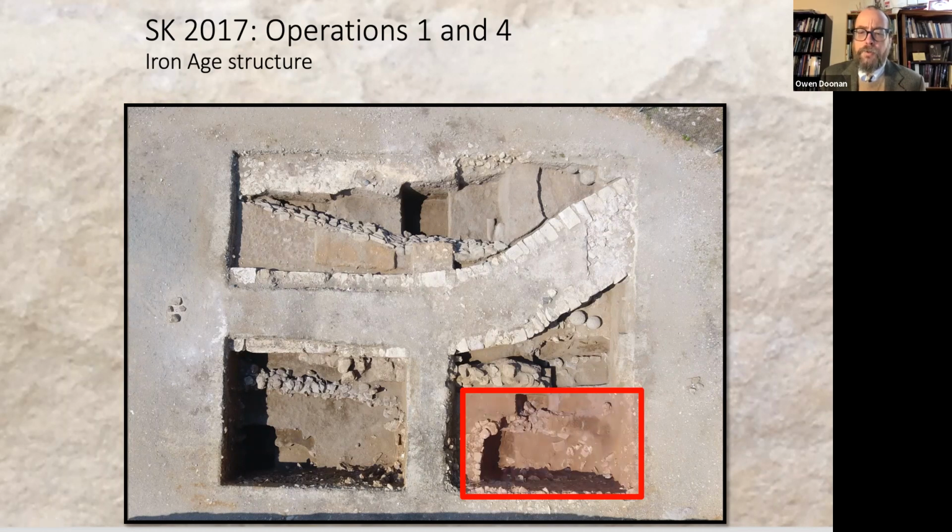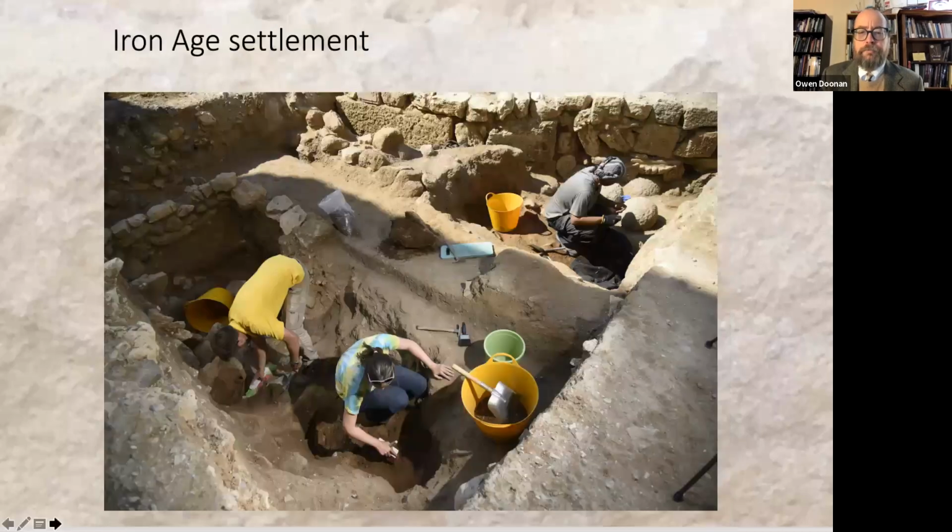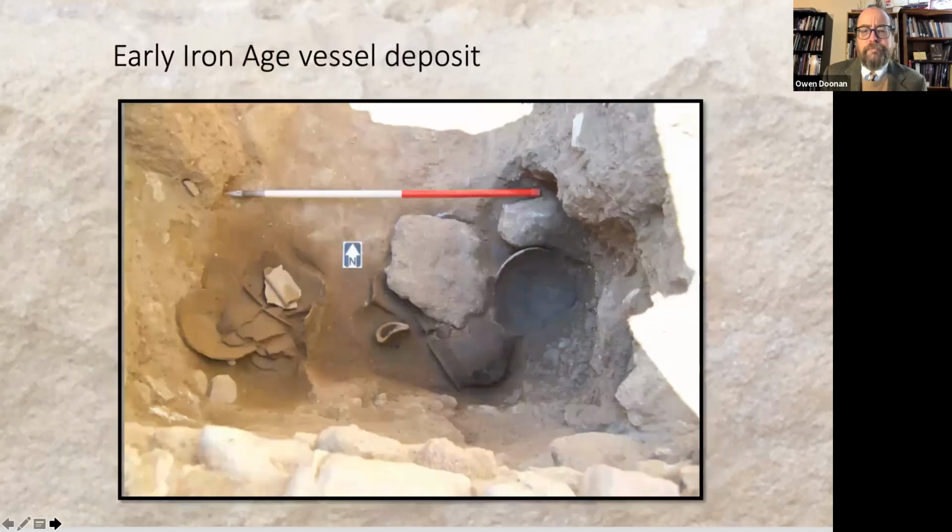But one small structure here overlay a deposit of Iron Age vessels. Here we can see some of our students and our colleague Paulo Maranzana excavating in Operation 1, where these Iron Age deposits were found on some kind of a surface.